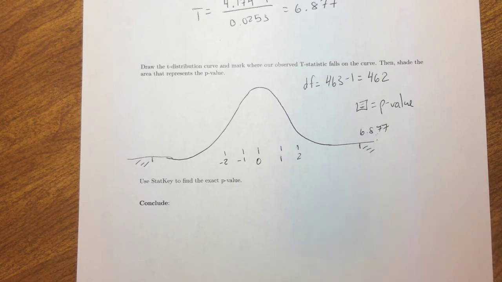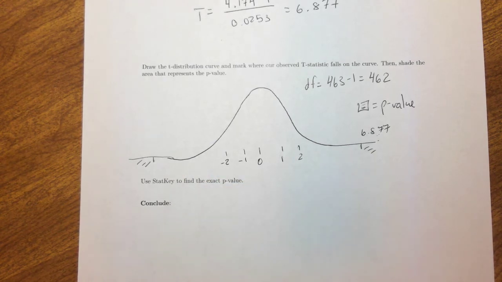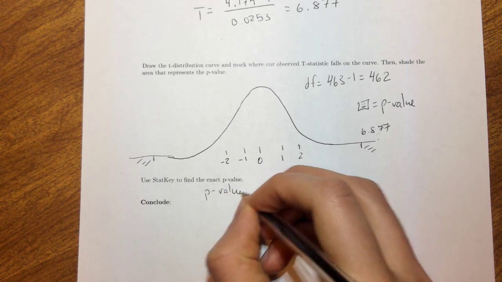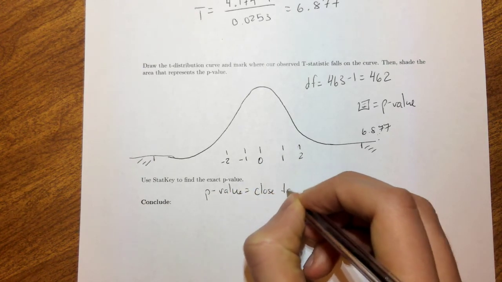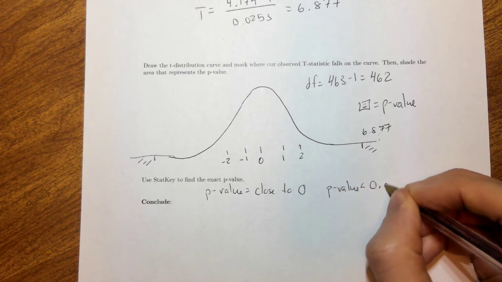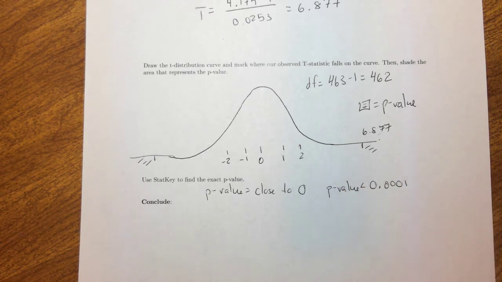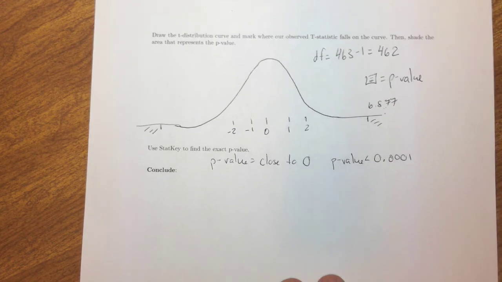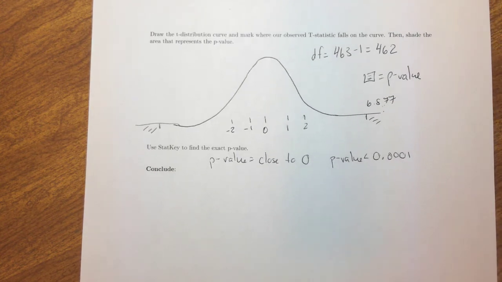And if we use StatKey to actually get the p-value, StatKey will tell you that the p-value is very close to 0. So we're just going to write it as close to 0 or maybe less than some really small number. Our p-value is also telling us that there's a lot of evidence for the alternative hypothesis, that the mean course evaluation rating at the school is different than 4.